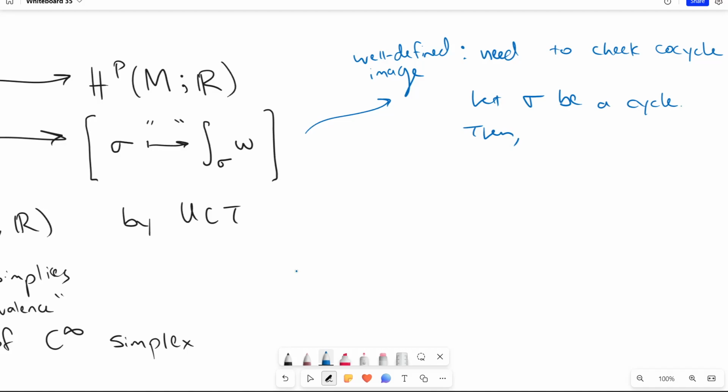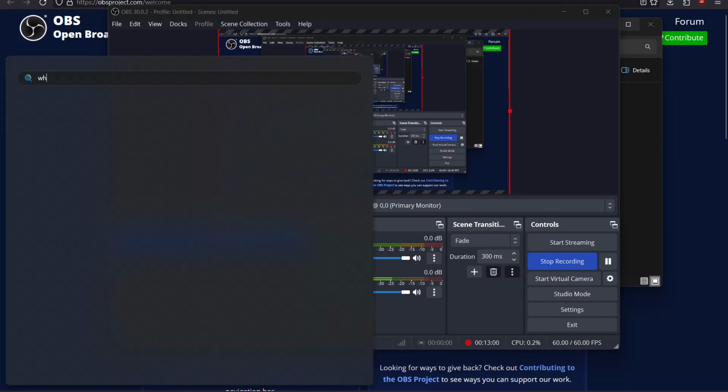Then the boundary of sigma equals 0. So we get that the integral of sigma omega, cocycle. Cocycle is not one that sends cycles to 0. It's one that sends boundaries to 0. So let me do that correctly. Oops, I broke the whiteboard. Let me restart that. You're not seeing any of this.